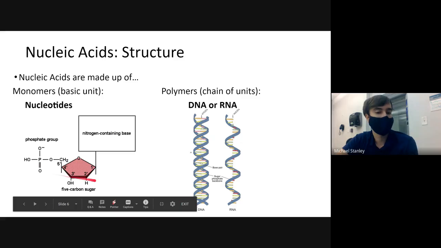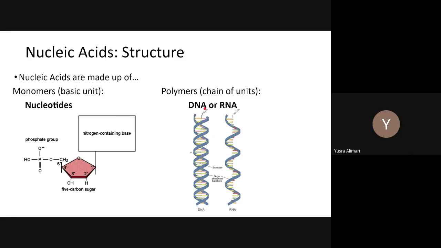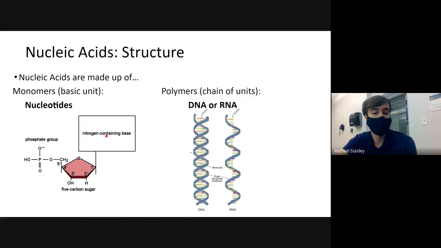We take this nucleotide, put a couple thousand or a couple million of them together, and we'll end up with a long strand of DNA or RNA. Just like how our DNA is the blueprints for how our bodies work, the nucleotides are like the building blocks our DNA is based on.